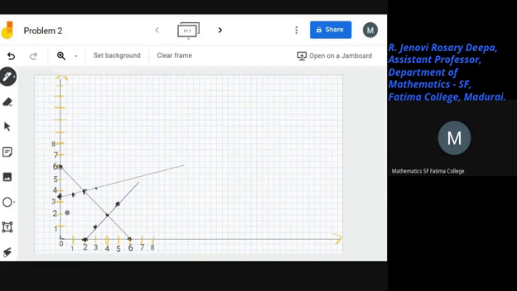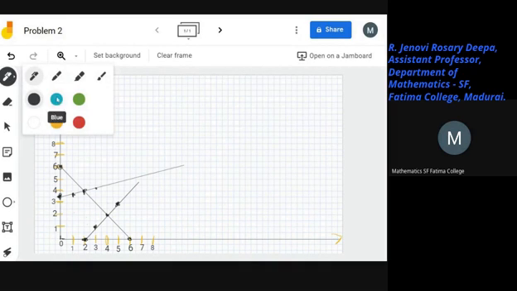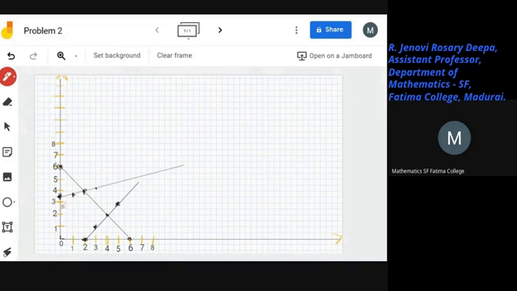Now I am going to share the feasible region. So this is the feasible region, or region of solution.